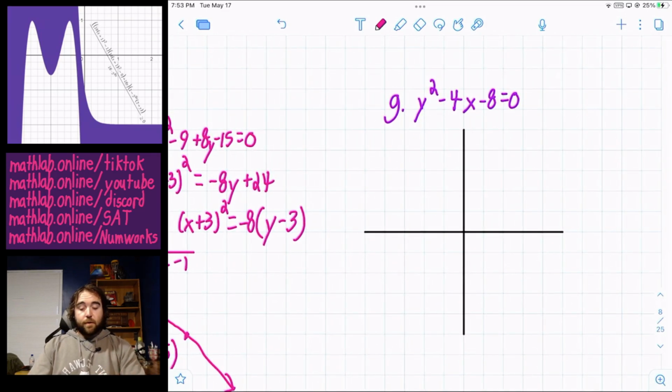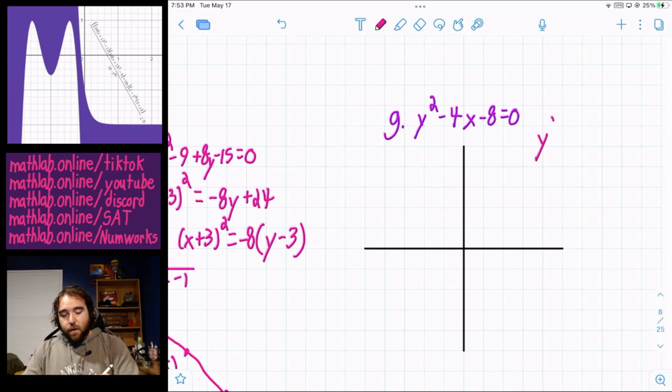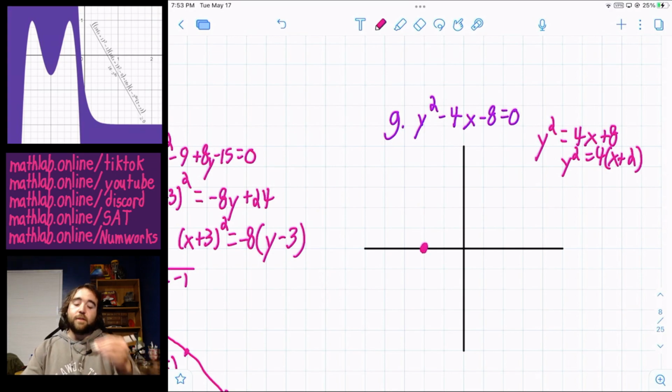We got another parabola. We're not even completing the square here, actually, because there's no other y term. We just got to move these to the other side and factor out the 4. y squared equals 4(x plus 2). So, (-2, 0). This is y squared, it's opening sideways.